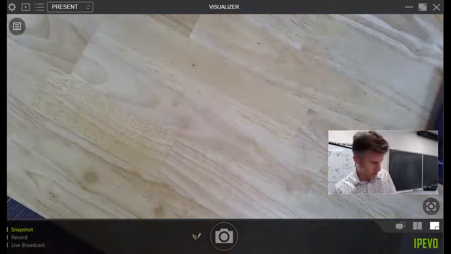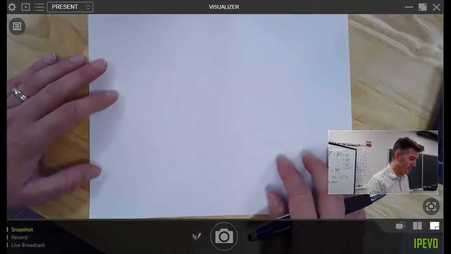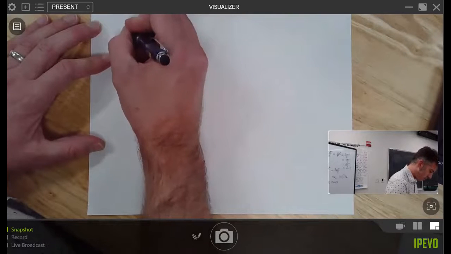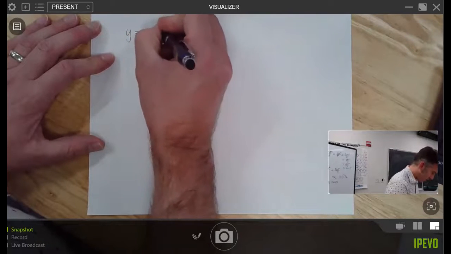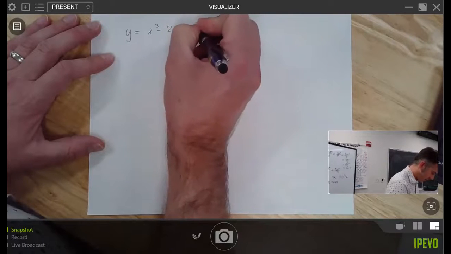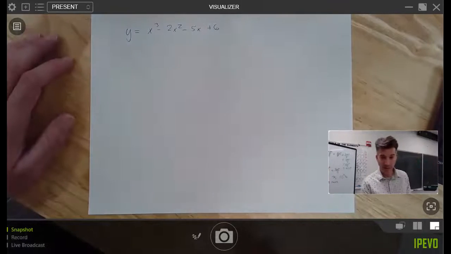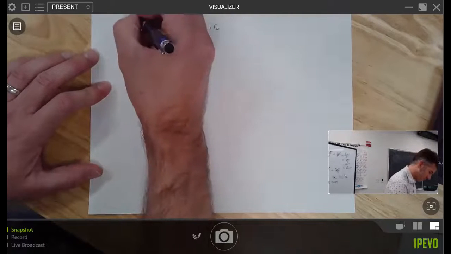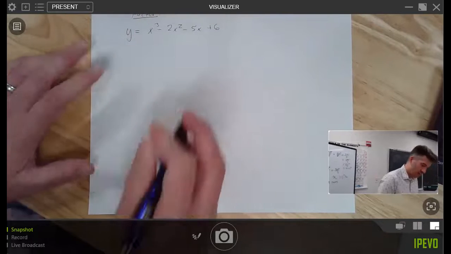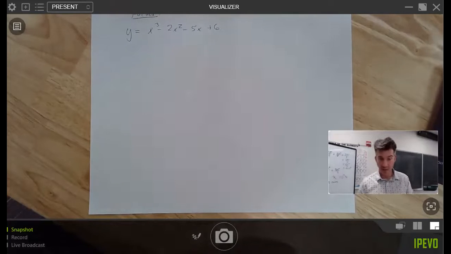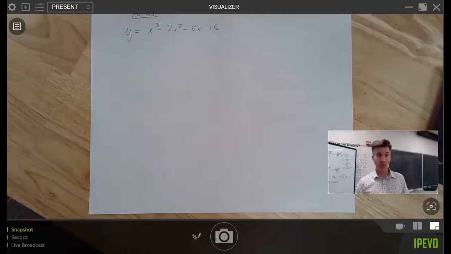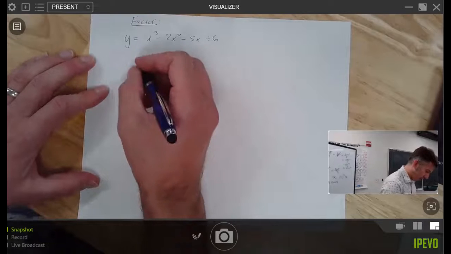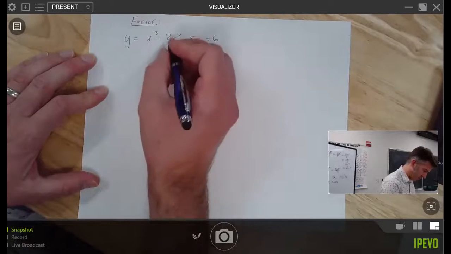And if I had more time, let me give you guys this problem to work on. Let's say we are given y equals x cubed minus 2x squared minus 5x plus 6, and we want to factor it. Let me point out, I'm going to show you that it doesn't factor by grouping, so that you all know when to stop trying to factor by grouping. If I was going to factor this by grouping, I would try factoring out an x squared from the first two terms.